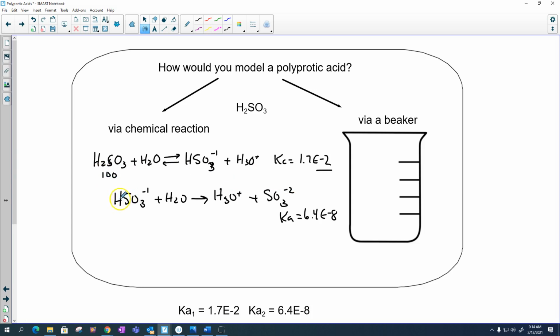But what this means is that if I have 100 of these, I get 1 of these and 1 of these. Does that make sense? That Ka value is a ratio of products over reactants, so it's like 1/100th is kind of what we have here. That would be e negative second. To put it in a visual sense.